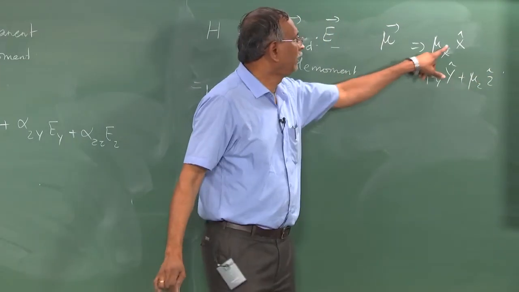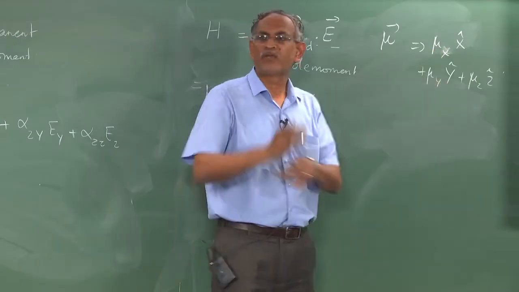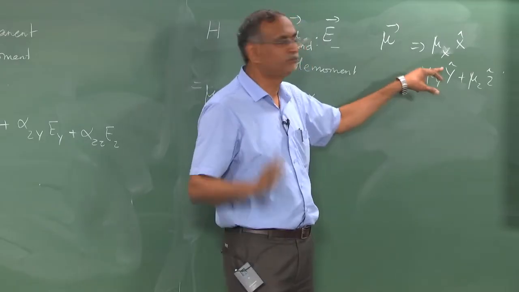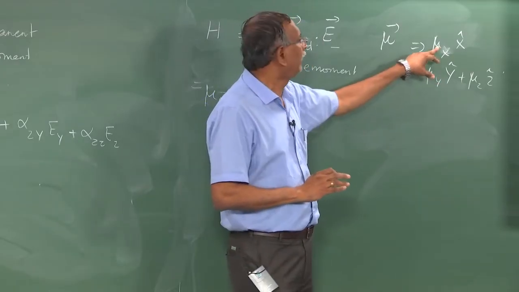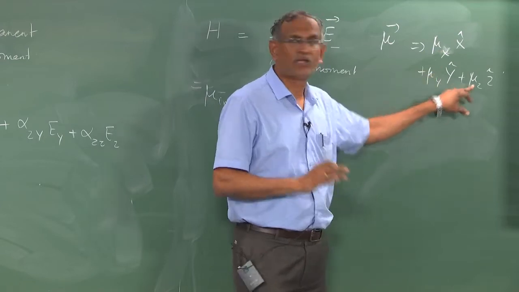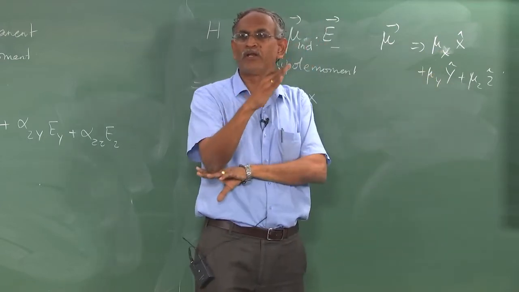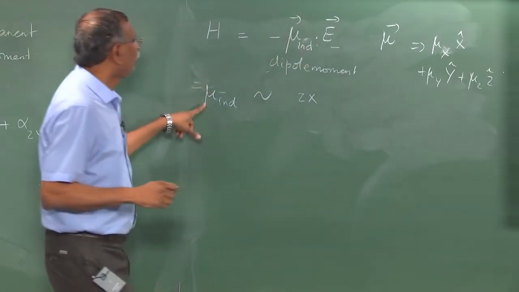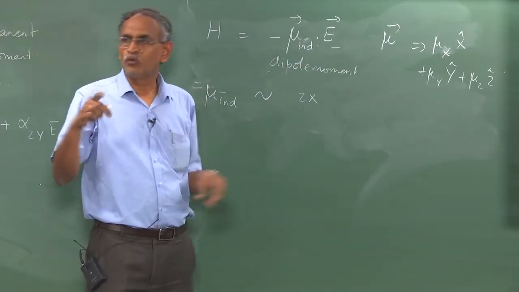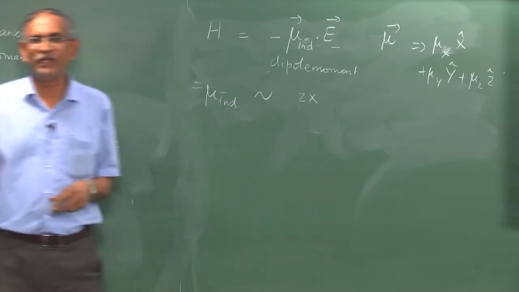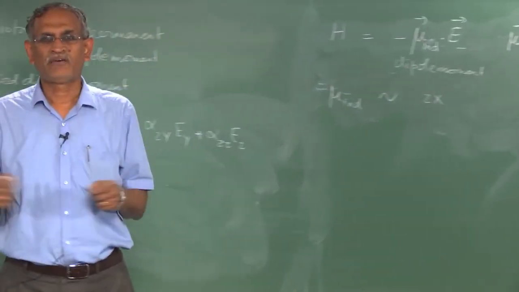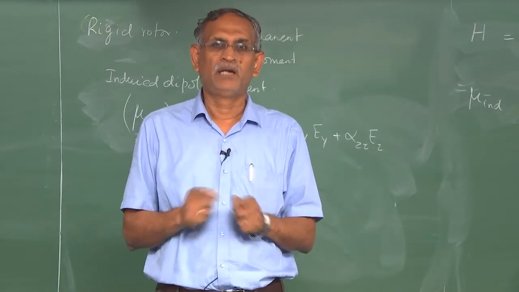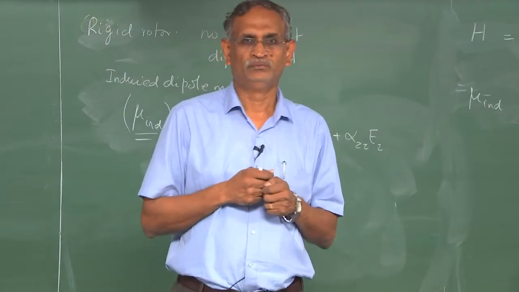And these were the dipole moment components in some chosen direction, and x, y, z are the coordinate system that we start with, so mu x, mu y, mu z are the components of the arbitrary dipole moment in the direction of the coordinate system. Here the mu induced now depends on two coordinates, and therefore what this leads to is the selection rule of delta J not plus or minus 1 but delta J 2.